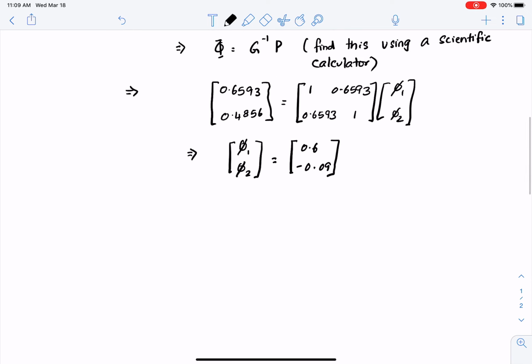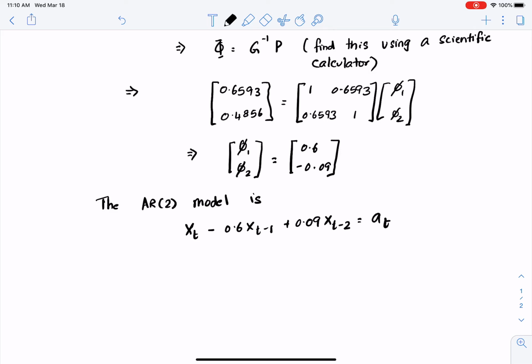So now that we have the values of phi1 and phi2, the AR(2) model is xt minus 0.6 xt minus 1 plus 0.09 xt minus 2 equals wt. So that is our model.